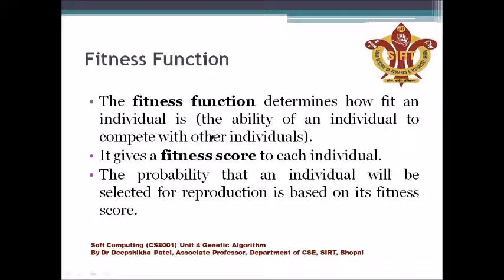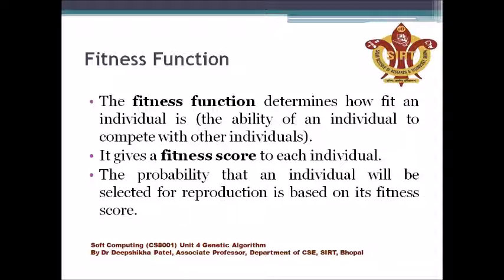Now the fitness function: how do we calculate the fitness of an individual? Until we calculate the fitness function, we cannot find the fittest individual. So after the population has been initialized, the next step is to find the fitness of each individual. The fitness function determines how fit an individual is.